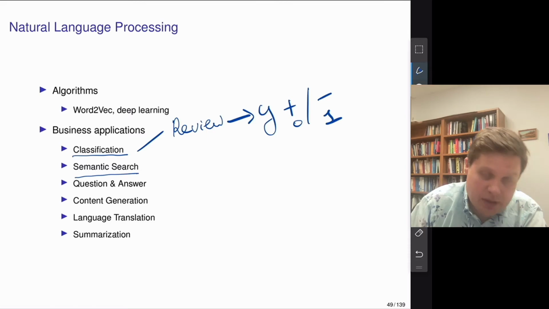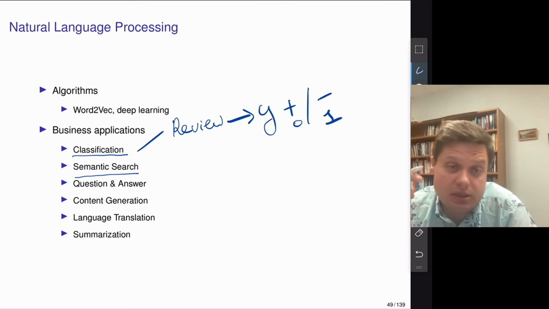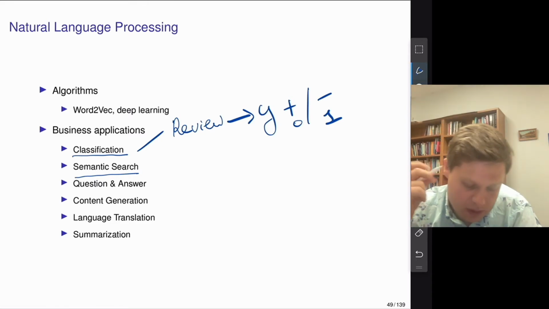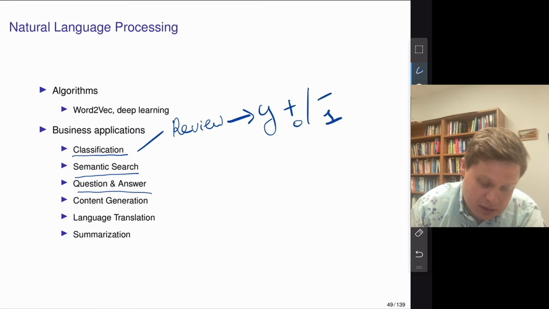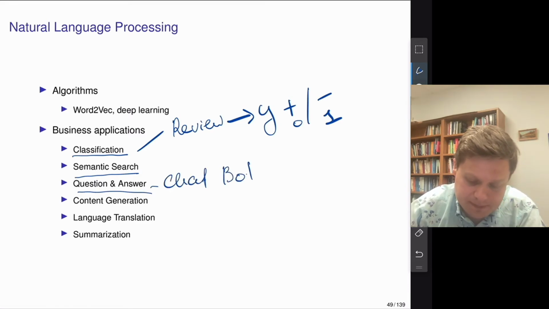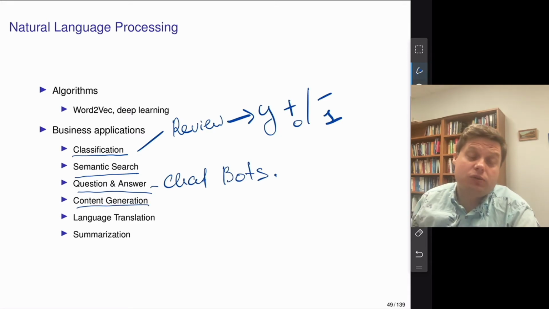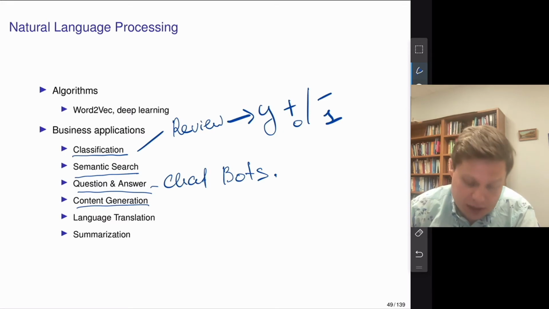Semantic search, so we'll see Google is actually doing semantic search now. So when you type something in Google, the text query, it would use semantic search. Question and answer, a lot of the chatbots now used by businesses. Content generation, people try to generate reports or articles, so report generation.